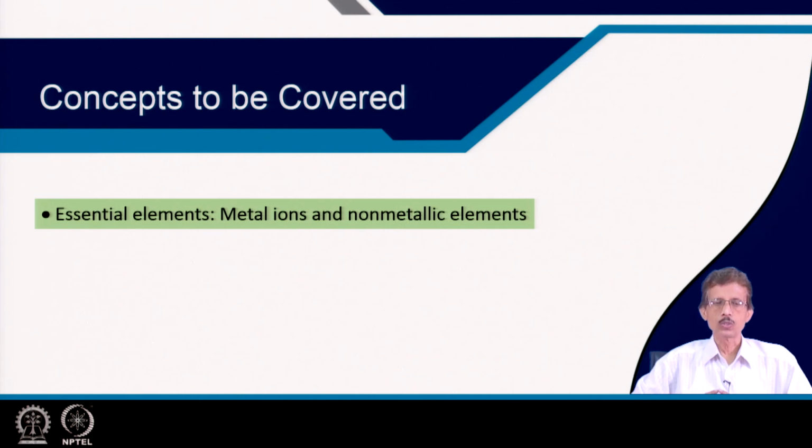Now, if I ask you that if both of these are essential elements, how can you define the essential metal ions for our system, for the human body, and the essential non-metallic element for our system also? Okay. So, we will see one by one how we can categorize it, because not that the corresponding concentration is the same in our body.